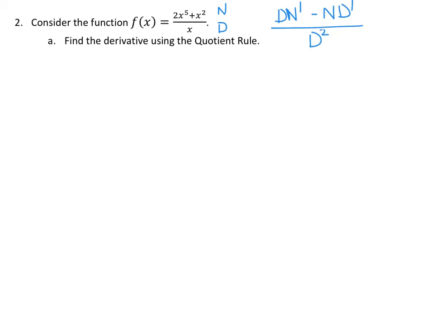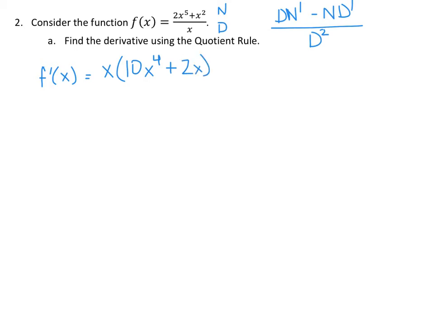Alright, so f prime of x then, the derivative of this function. First is the denominator, which is x. Next, times the derivative of the numerator. So taking the derivative of the numerator, 2x to the fifth, bringing the 5 out in front is going to give us a 10x to the fourth, plus the derivative of the next term there using the power rule is 2x.